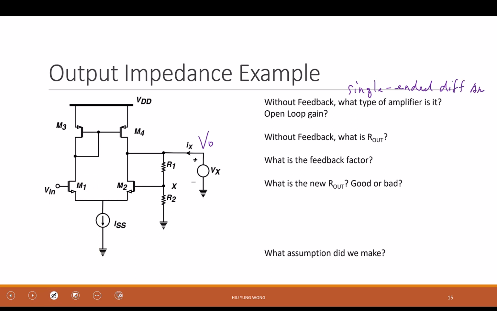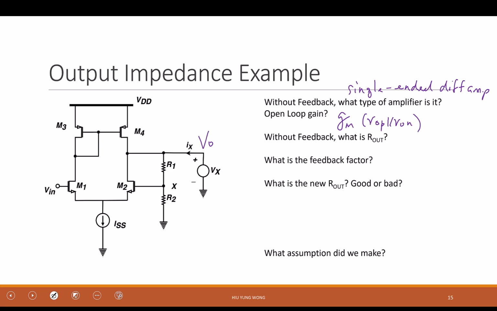The reason we want to identify this is we want to know the equation, right? So what is the open loop gain? We already mentioned GM, RO. Can you tell me GM what?